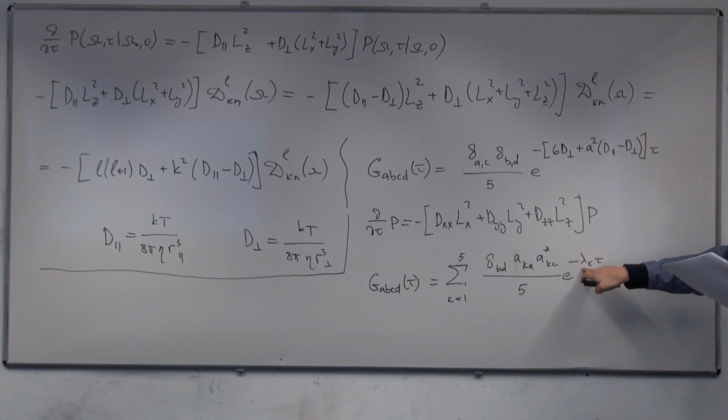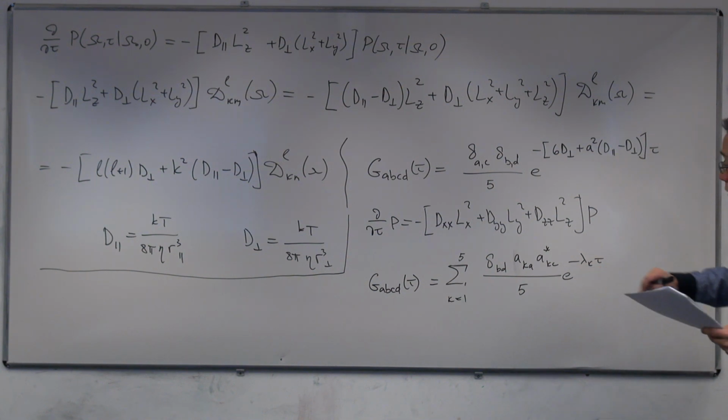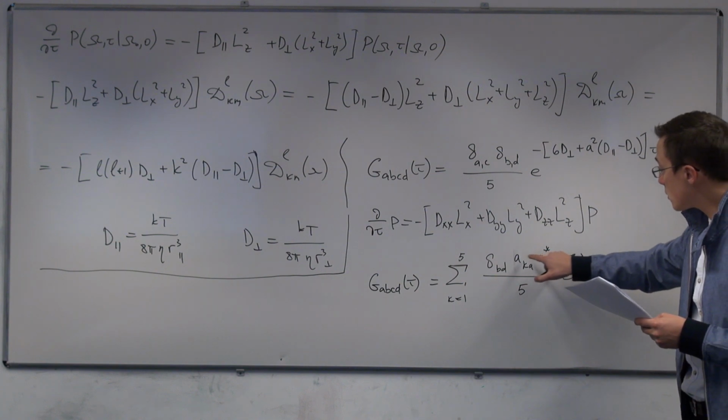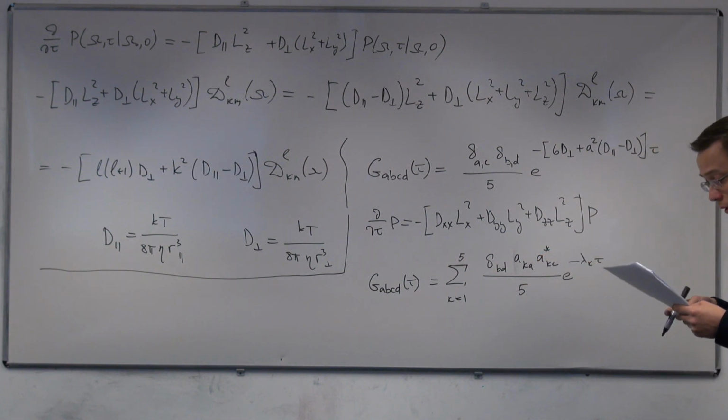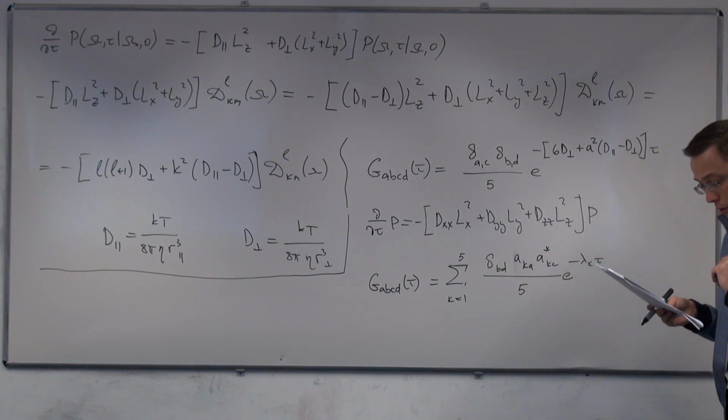So we now have 5 different decay rates, so 5 different correlation times, and these coefficients are tabulated in the handout for you.